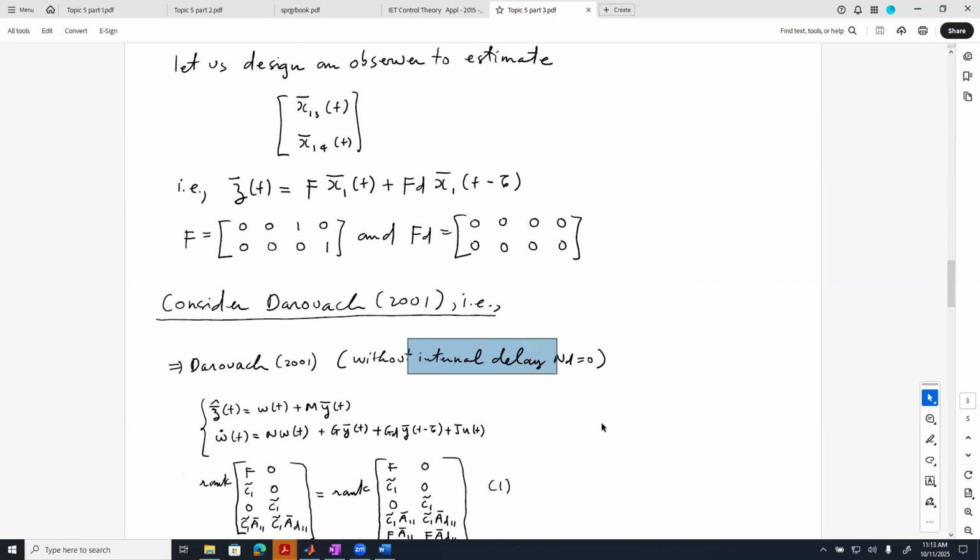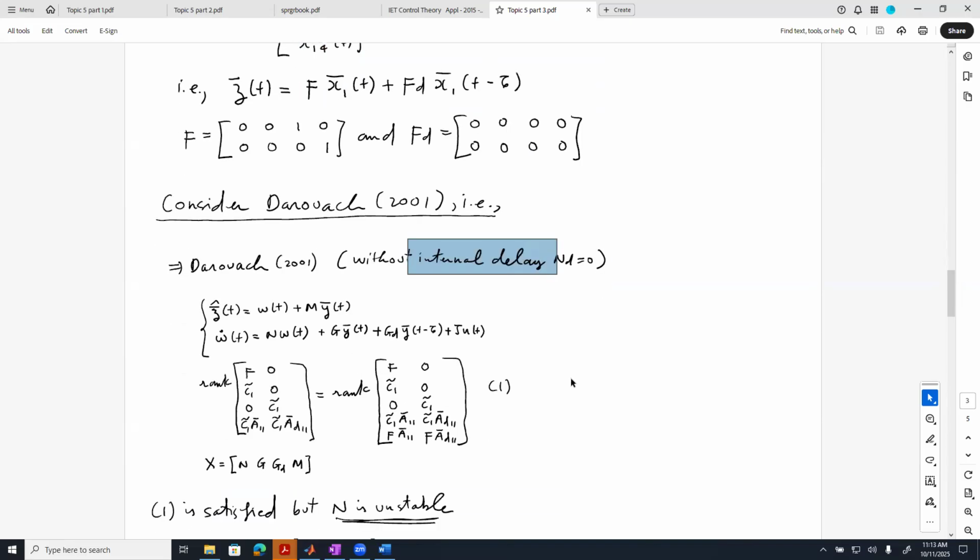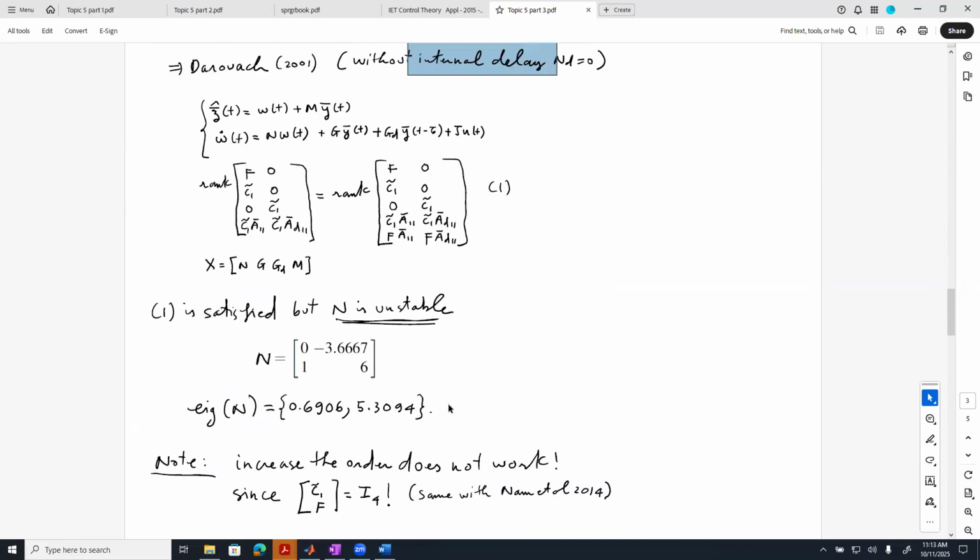They cannot be applied to this numerical example because we got this situation where we have unstable fixed poles in there. Okay, so what can we do?